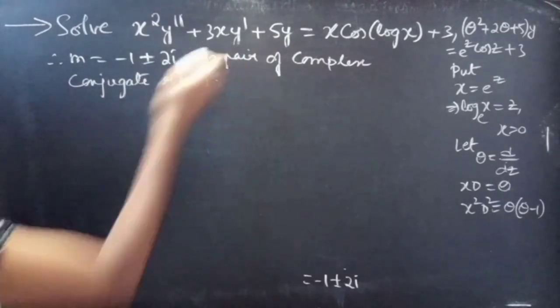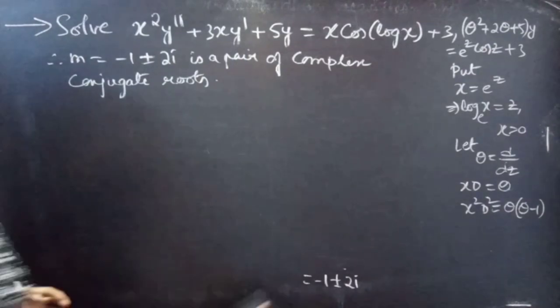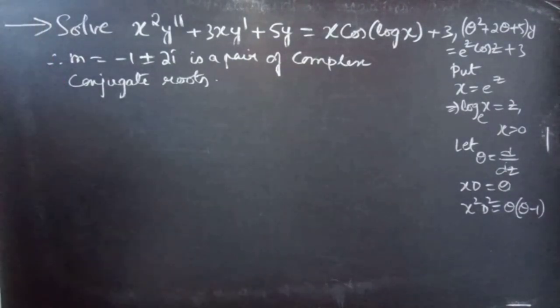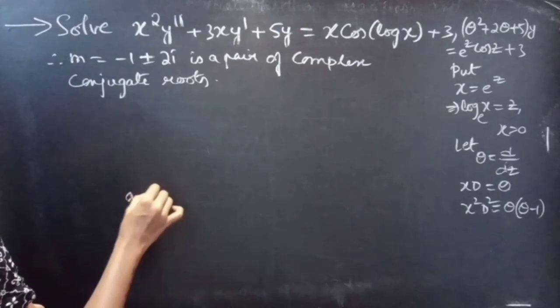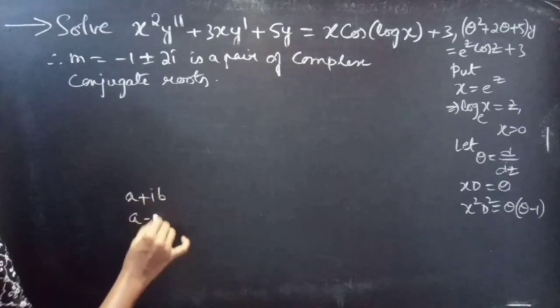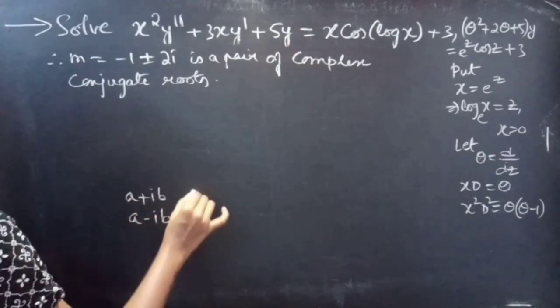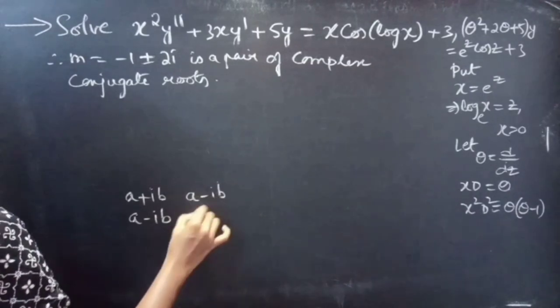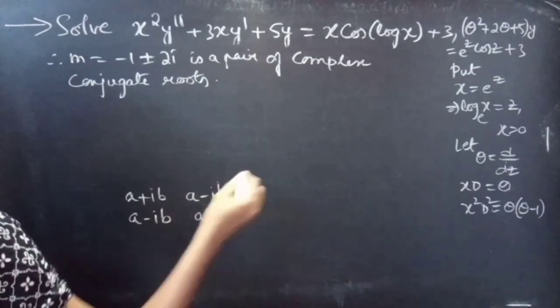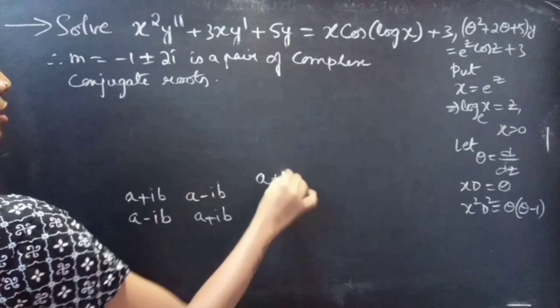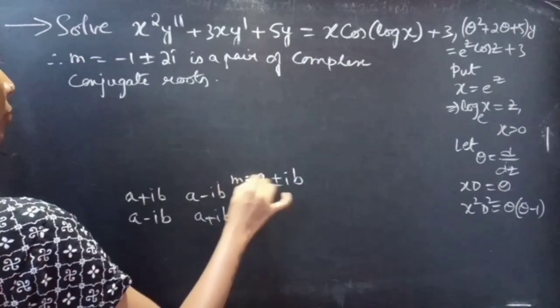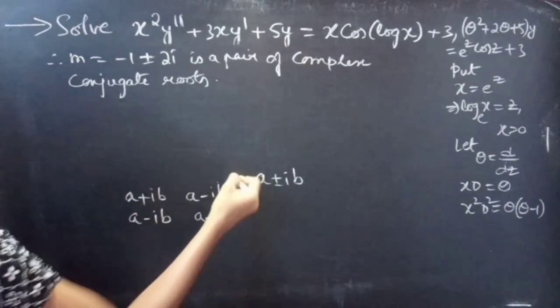Of our auxiliary equation. We know that a plus ib is a complex number and its conjugate is a minus ib. If a minus ib is a complex number, then its conjugate will be a plus ib, right? We can call a plus or minus ib a pair of complex conjugate roots, right?